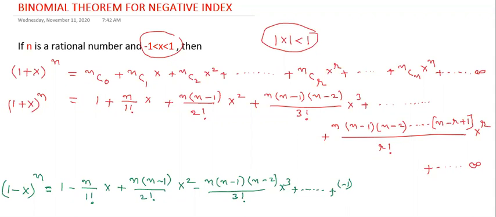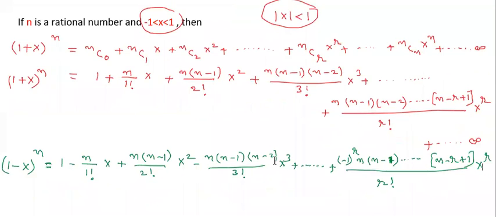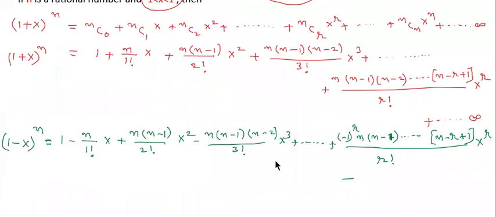Minus 1 whole power r into n into n minus 1, n minus 2, and so on, up to n minus r plus 1, by r factorial into x power r. Up to the general term I have written. Next, plus and so on, infinite.